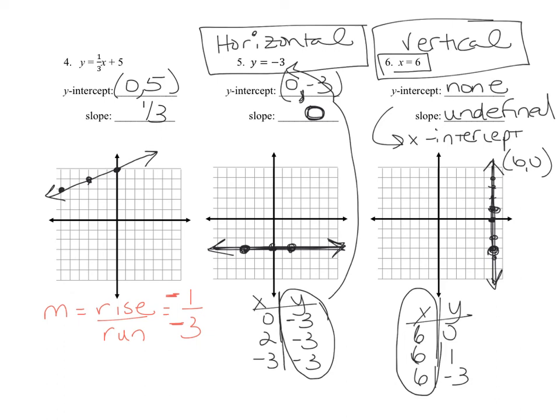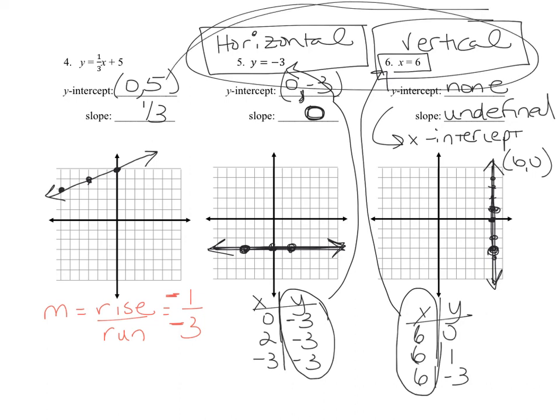So my equation was x is equal to 6. On your notes, make sure that you've definitely marked that these two are horizontal and vertical, just to help you remember that. Now, when you're trying some of these on your own, this paper is really good notes to help you figure out if you're doing your problems correctly.